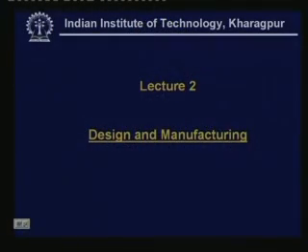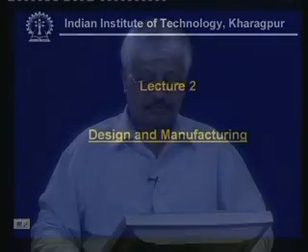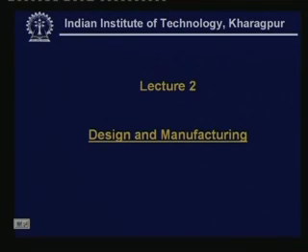To give a shape to a product, it requires manufacturing. So we will discuss the ideas of manufacturing in the context of design in today's lecture, which has been given the name Design and Manufacturing Lecture 2.